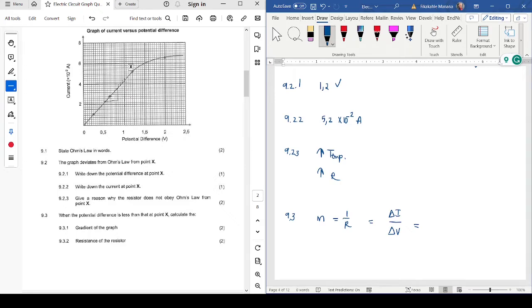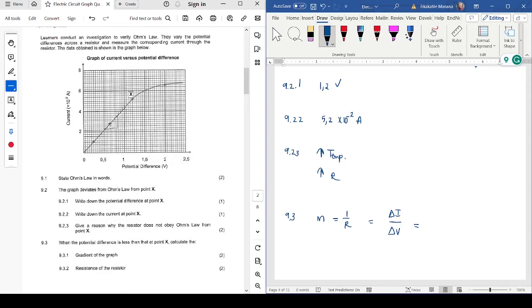So we already have the points at X. I would suggest that we use them, and also use which other point? You can use any other point. So maybe we can go to 0. Let's see.